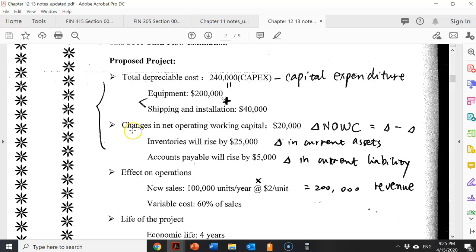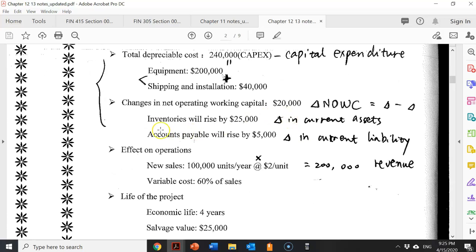We also have another part of the initial cost, that is changes in net operating working capital, which is 20,000 for this project. Inventories will rise by 25,000. At the same time, accounts payable will rise by 5,000.